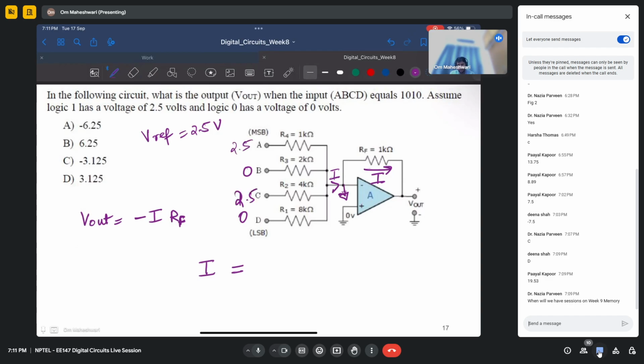So 1 corresponds to 2.5, right? You can write it as Vref. So let me write it like this only, 1010, Vref into A by R4 plus B by R3 plus C by R2 plus D by R1.